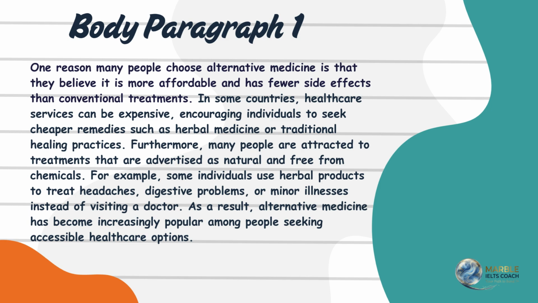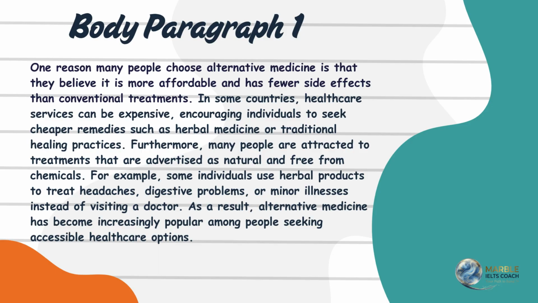So for my topic sentence, one reason many people choose alternative medicine is that they believe it is more affordable and has fewer side effects than conventional treatments. Explanation: in some countries, healthcare services can be expensive, encouraging individuals to seek cheaper remedies such as herbal medicine or traditional healing practices. Furthermore, many people are attracted to treatments that are advertised as natural and free from chemicals.